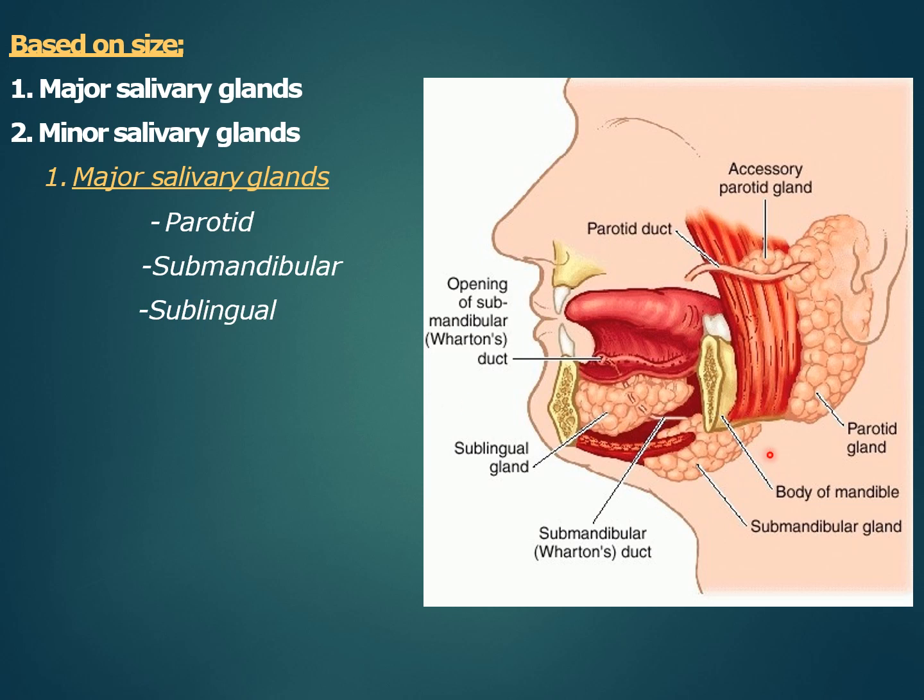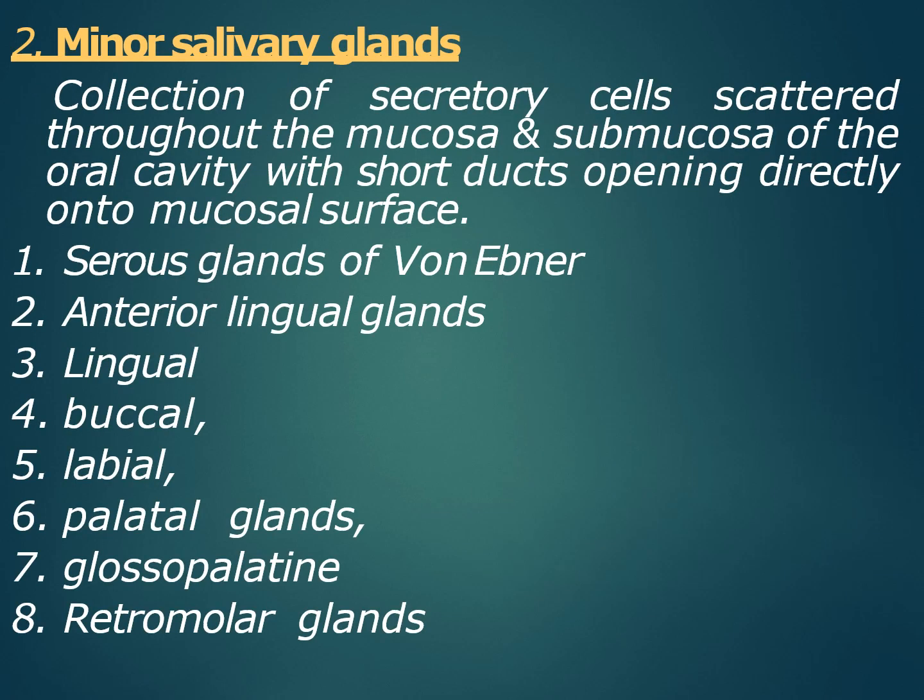In this image, you can see the major glands: parotid gland, submandibular gland and sublingual glands. Minor salivary glands include serous glands of von Ebner, anterior lingual glands, buccal, labial, palatal, glossopalatine, and retromolar glands.